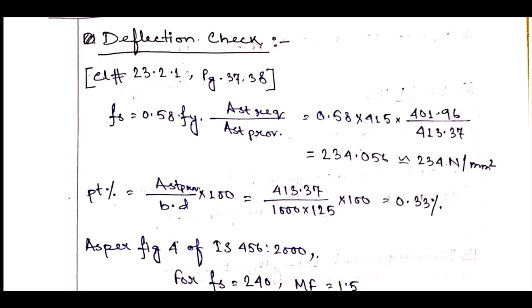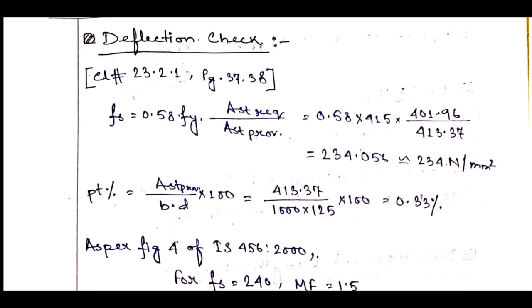To find the modification factor from figure 4 of IS 456 2000, we have to know two values, that is the fs value and the percentage of steel. From these two values we have to find the modification factor.